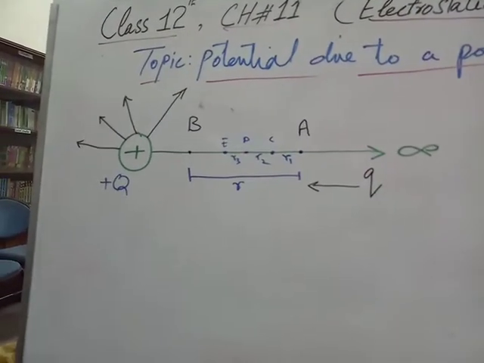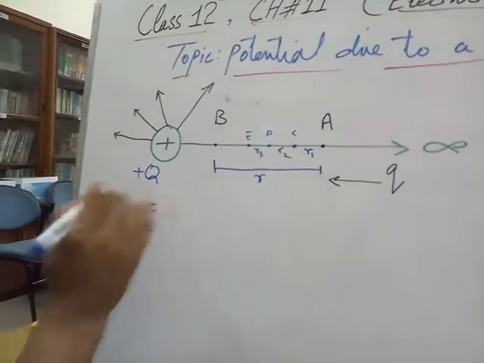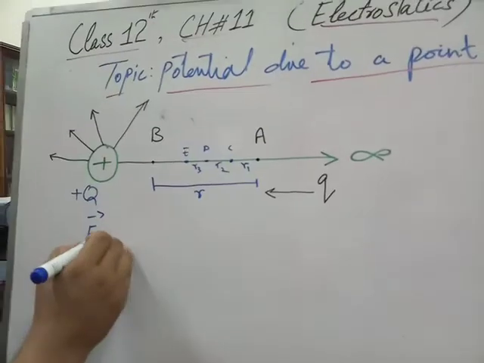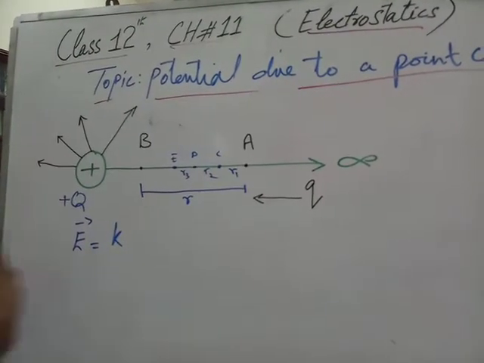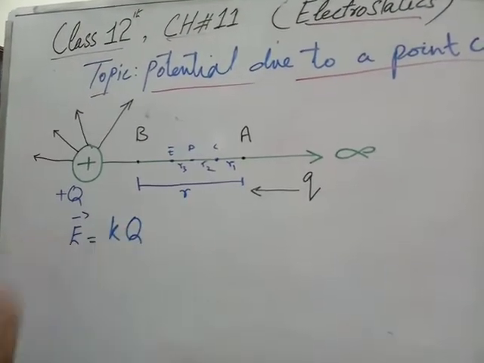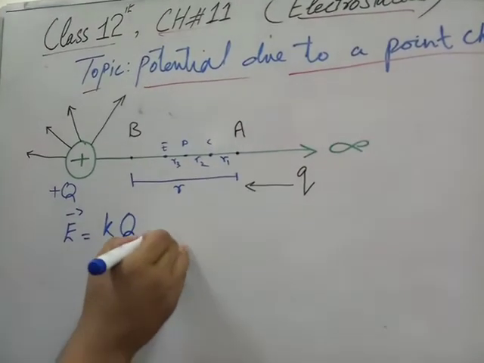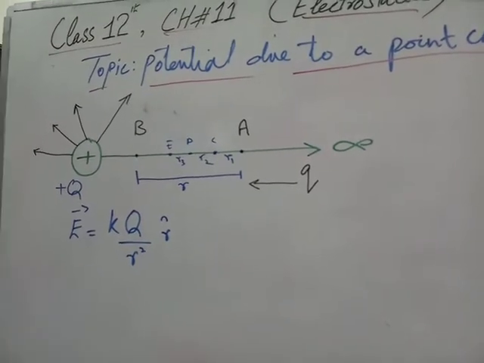For that, the electric intensity for this charge is, as we found in the start of this chapter, kQ over r square in the direction of r, where r is a unit vector.